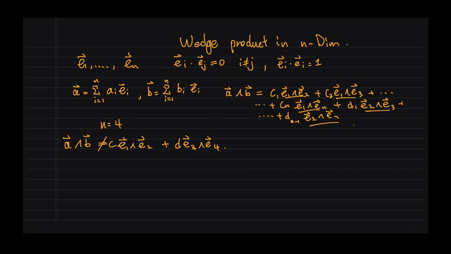You can try to work out the algebra; such an expression is never possible. You will never get E1 wedge E2 plus something, the area of the oriented surface patch in E3 E4.